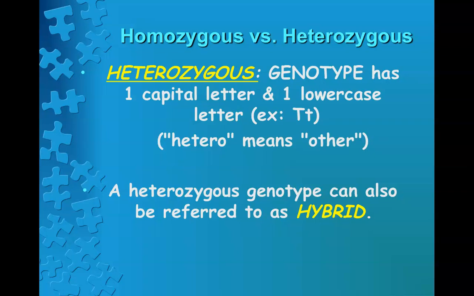Heterozygous then, hetero means other, and so they're going to have a different combination of those two letters. So one will be capital, one will be lowercase. And historically, these guys have been referred to as hybrids. They are a combination of the two traits, which means they can then pass on one or the other when they go to have offspring.